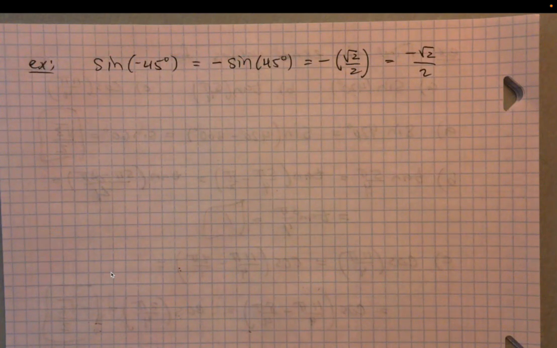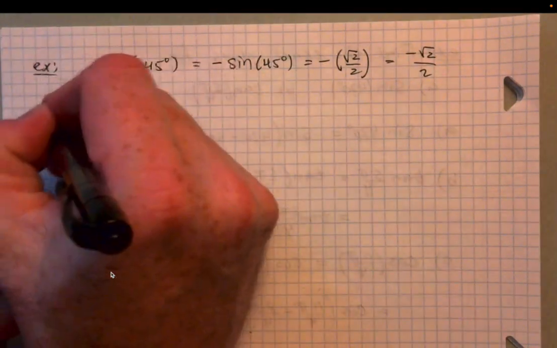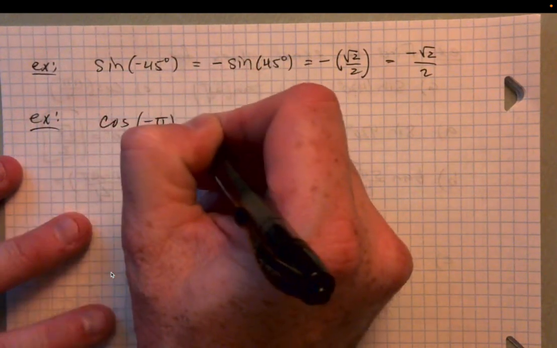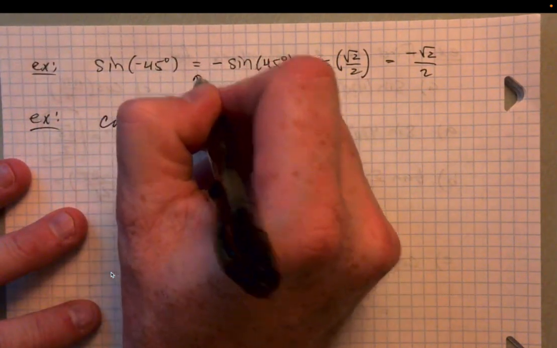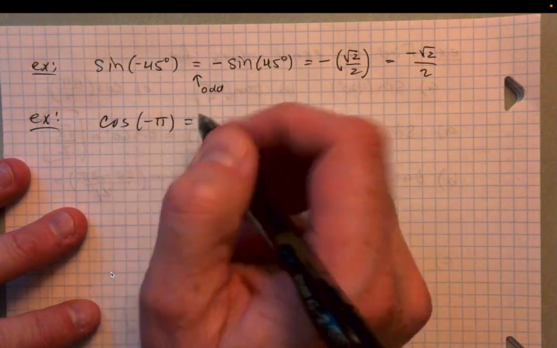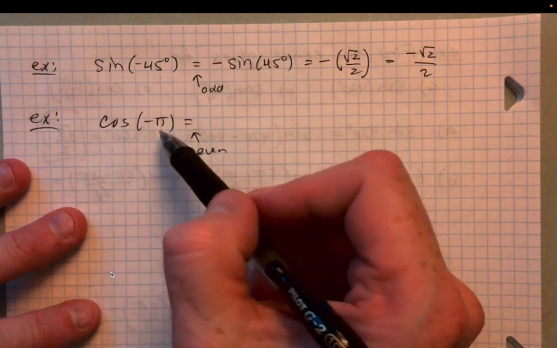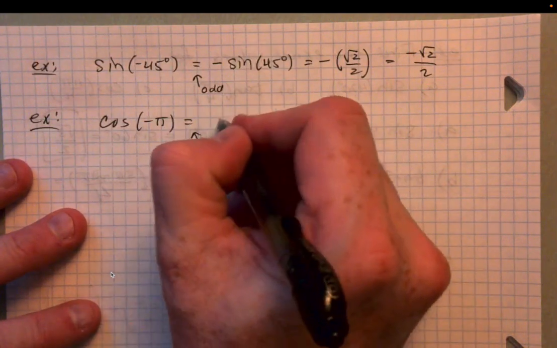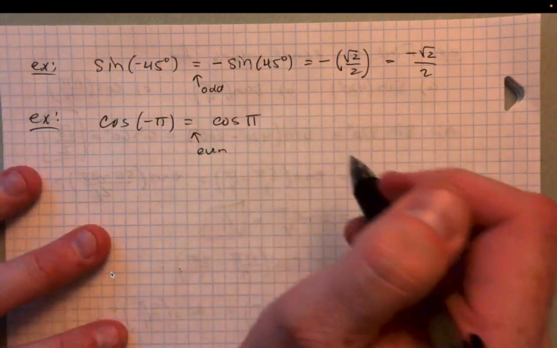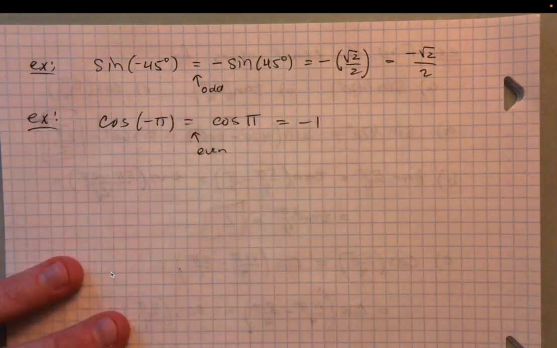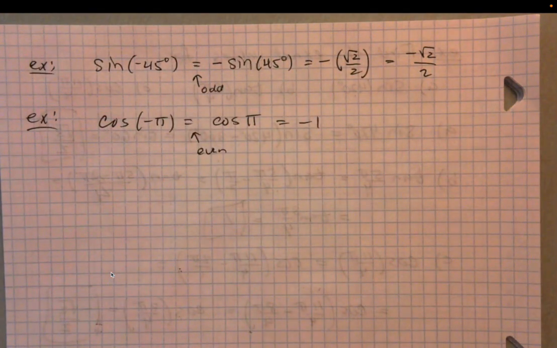And then another example, the cosine of negative pi. Well, cosine is even, so I should put this on here. That one was odd. Cosine is even, and so that means that the cosine of negative pi is just equal to cosine of pi, which I know is negative 1. Okay.